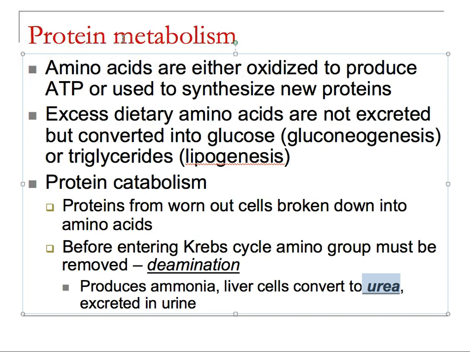Okay, so we actually put the amino groups to use because obviously ammonia is bad for you.